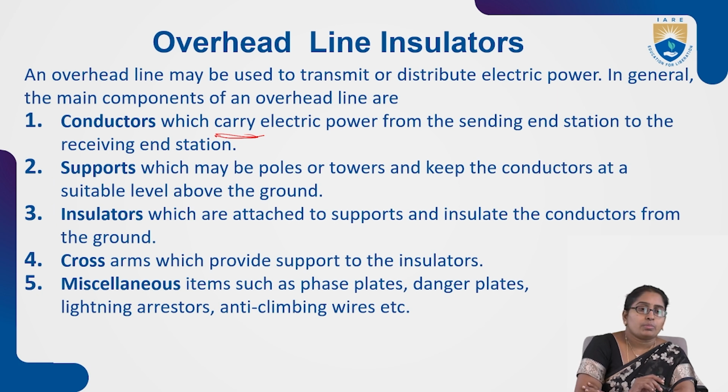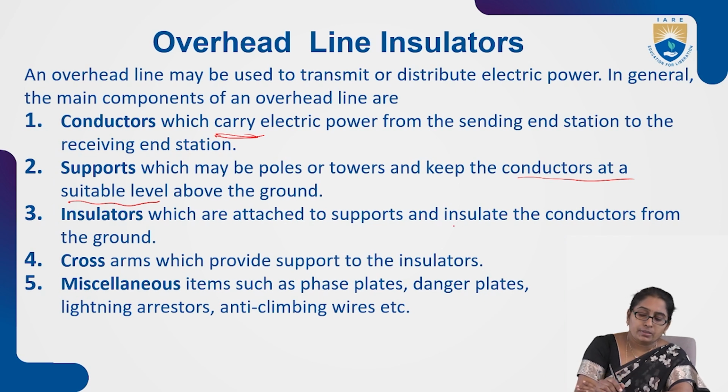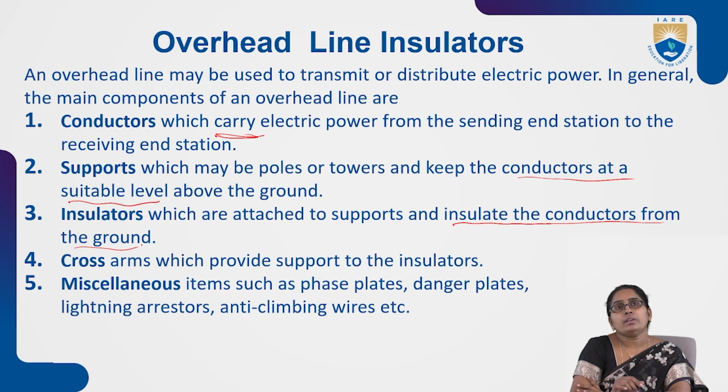That is what supports do. Then the third one is the insulator. Insulators are attached to the supports, and they insulate the conductor from the ground. That is the main function of the insulator.